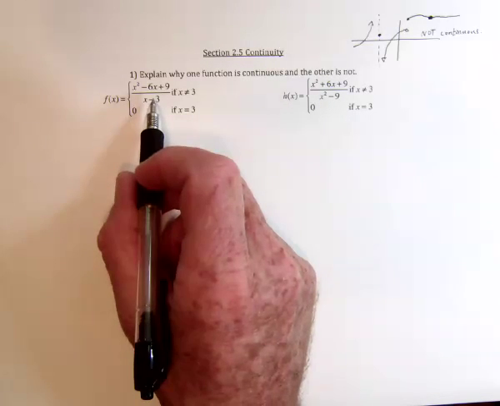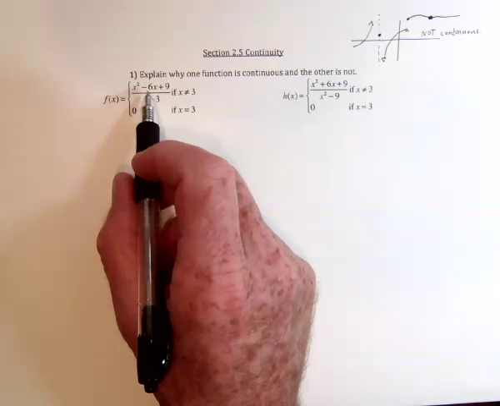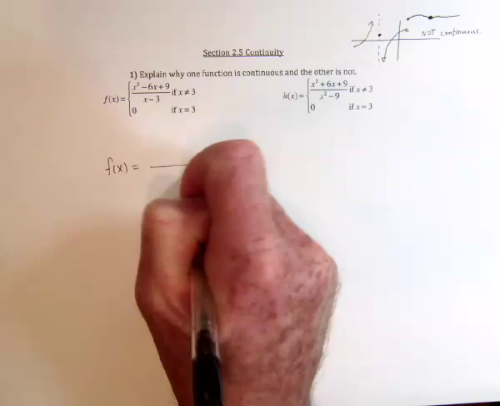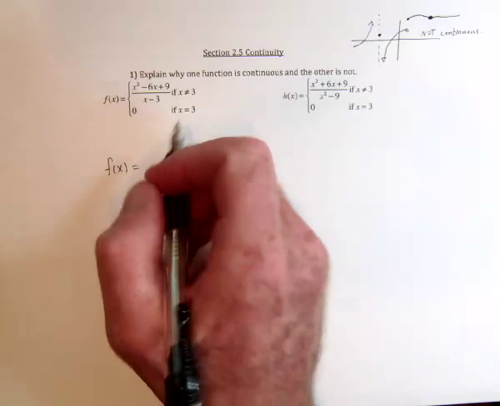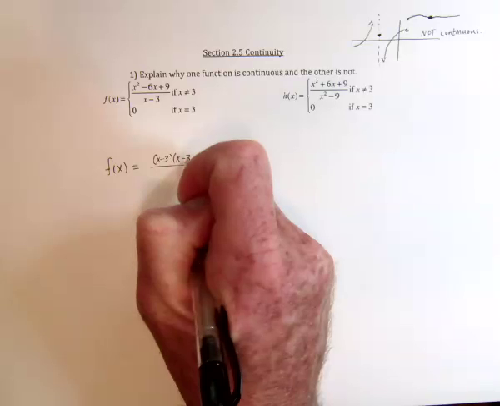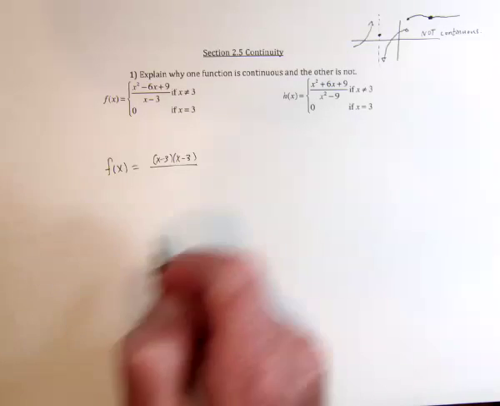Well, if you take a look at this, we could figure out more about this function by factoring. So f of x on the top can be factored as x minus 3 times x minus 3, since it's a positive 9 and then negative 6x.